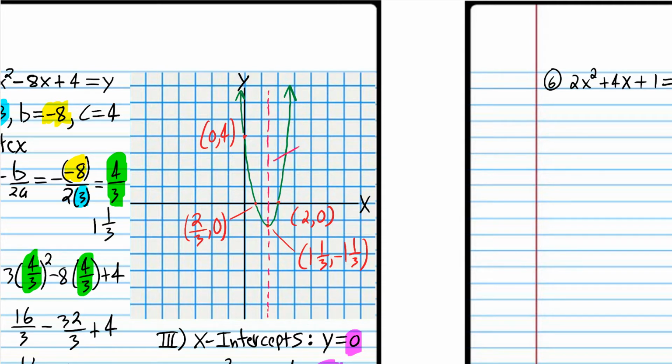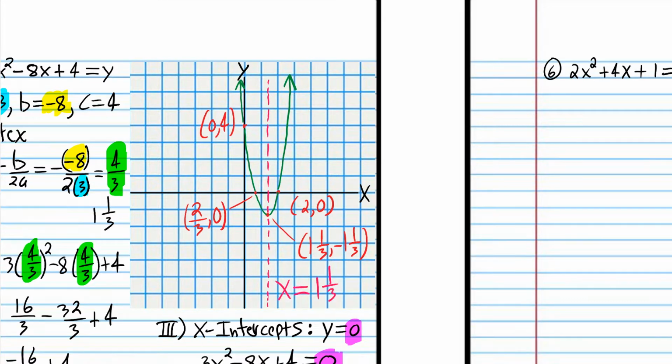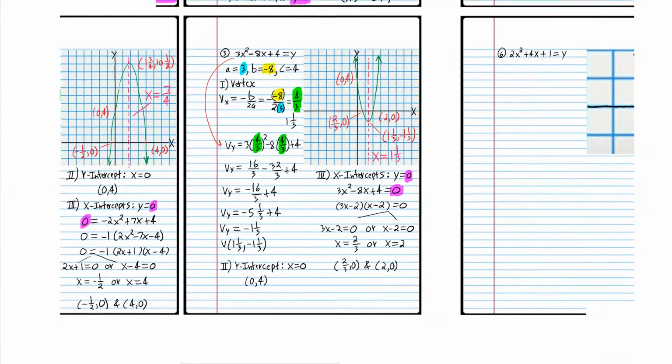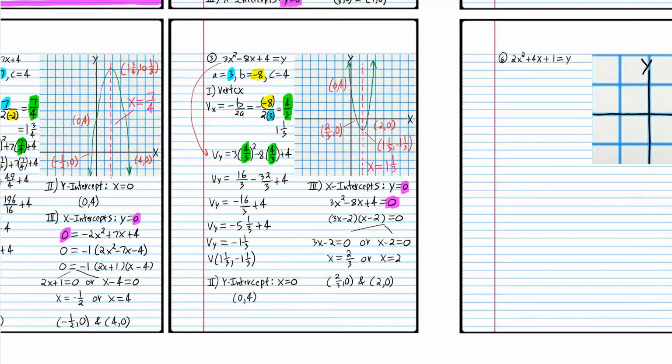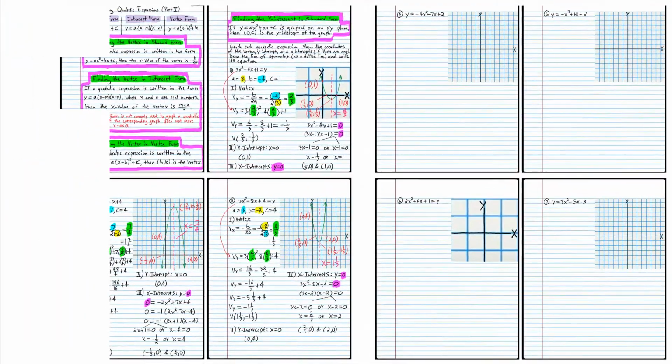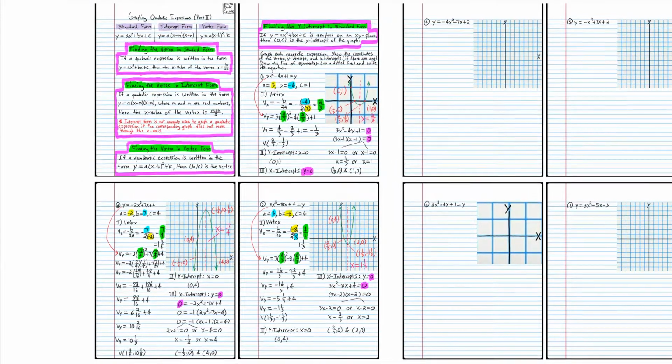And the equation of the line of symmetry is x is equal to, you can write it as an improper fraction or a mixed number. I don't really care. Okay, so if you got those answers, good job. On to the next problem. So I'm going to leave those in the window, and I want you to try number 4.